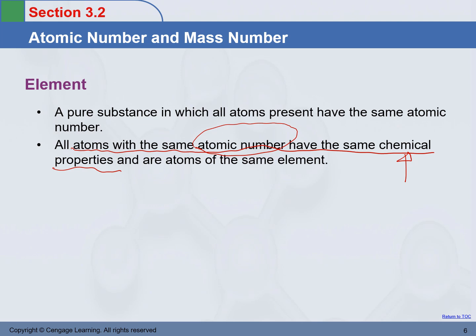However, as a matter of fact, the chemical properties of an element are not decided by the number of protons. They are decided actually by the number of electrons. Electrons decide the behavior of an element. Electrons are troublemakers. Keep that in mind.